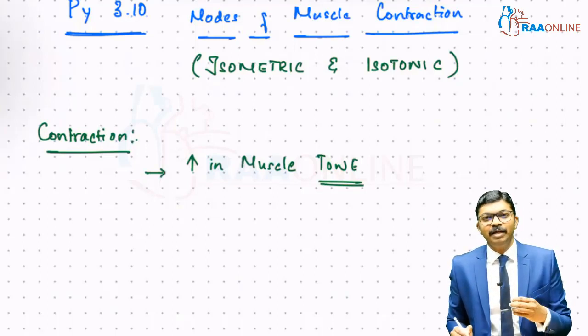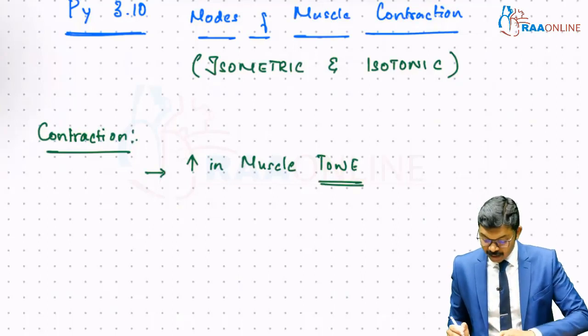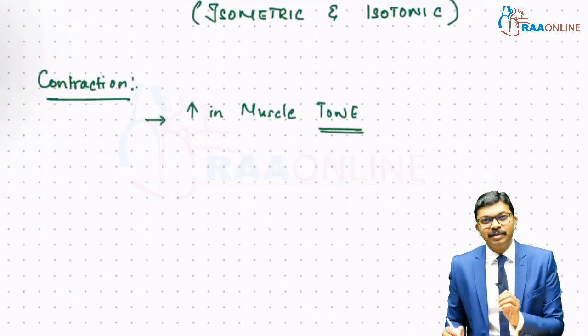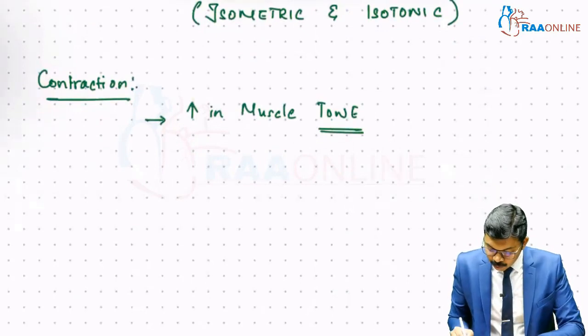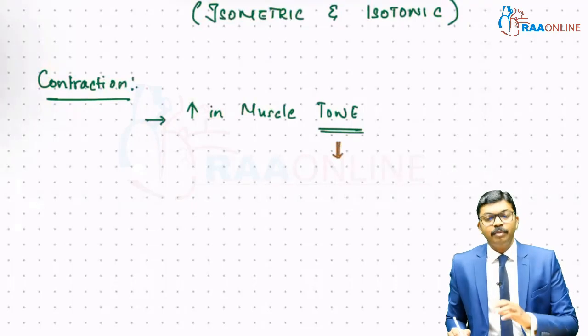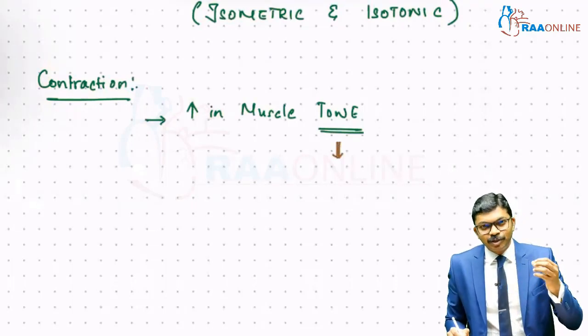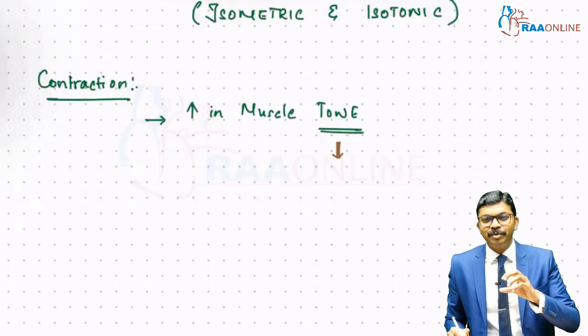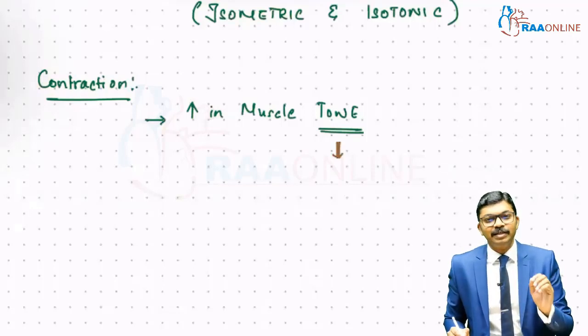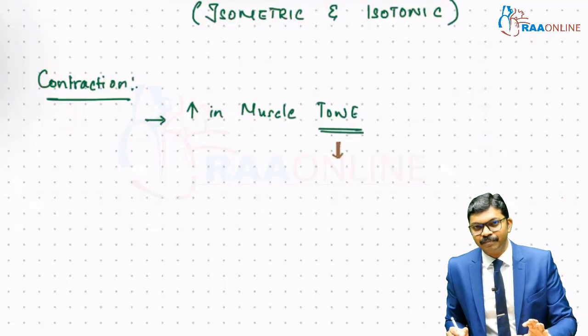Then what does it mean? It means the tone of the muscle is getting increased. That is all. So to understand this in a clear manner, you need to know what is tone of a muscle. When it comes to tone, guys, please understand, every muscle has its own sarcomeres, and these sarcomeres are always in a state of partial contraction, right?